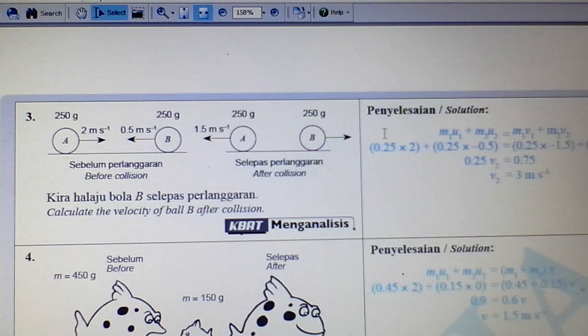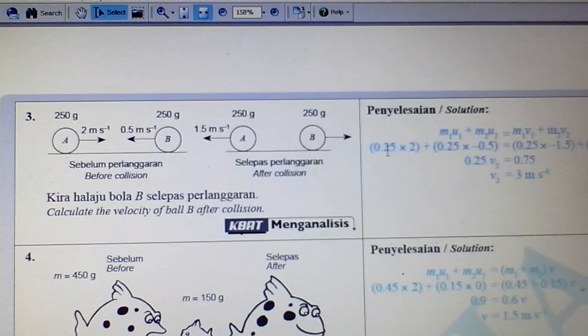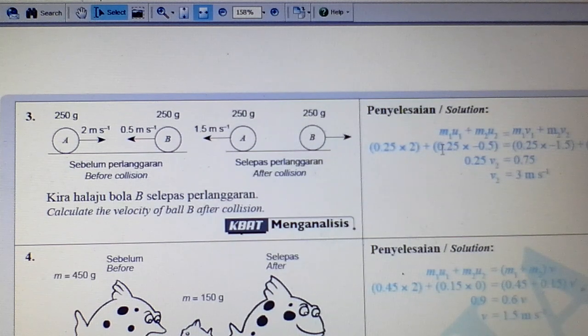Okay, so use the formula m1 u1 plus m2 u2 equals m1 v1 plus m2 v2. You can see for m1, the mass given in gram, you convert to kilogram, multiply with 2, positive because it is to the right. Then for B, the mass also convert to kilogram, multiply, this one must have a negative sign.